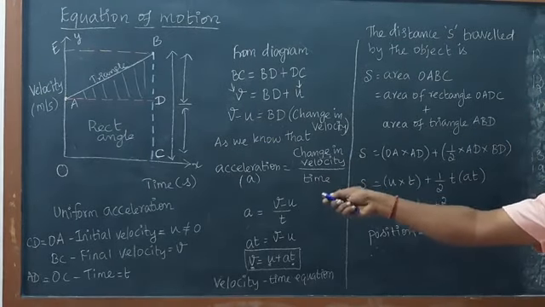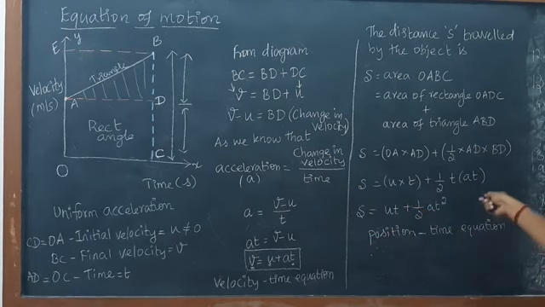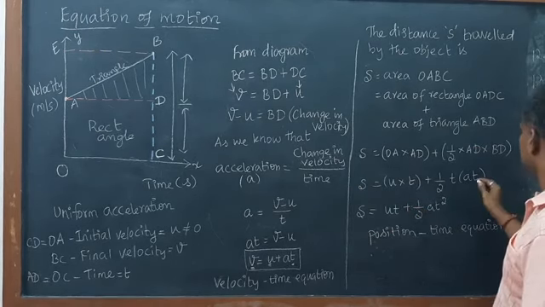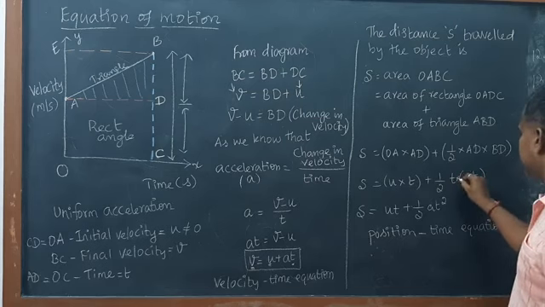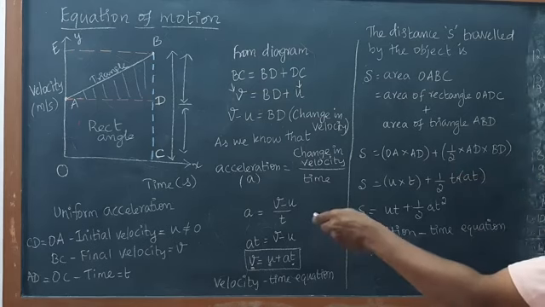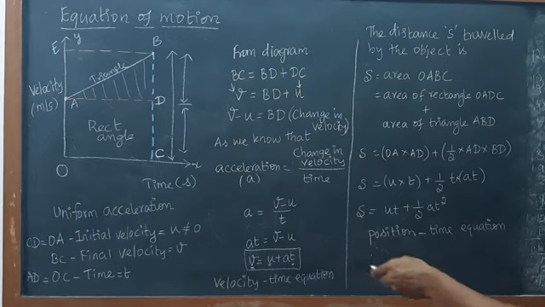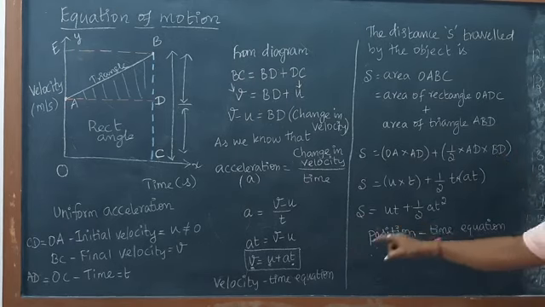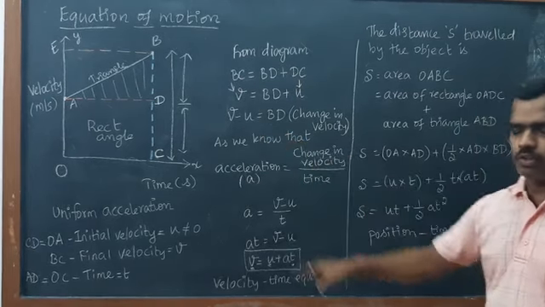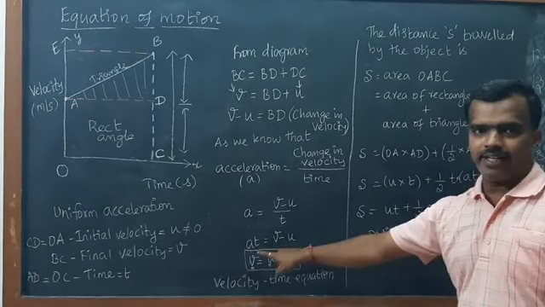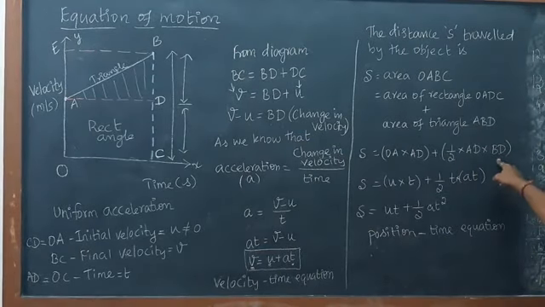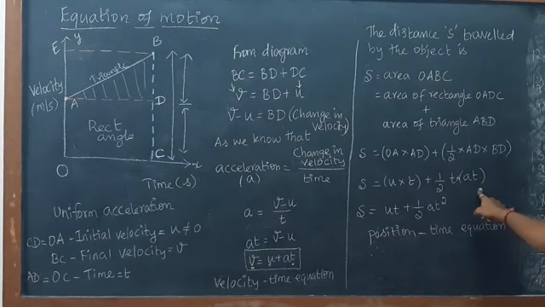AD is T, which is parallel to OC. And what is this BD we have found here? V minus U. What is V minus U? AT, right? So BD is equal to A into T, right?